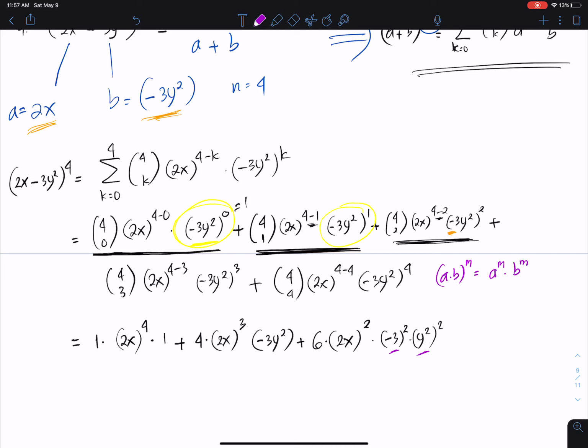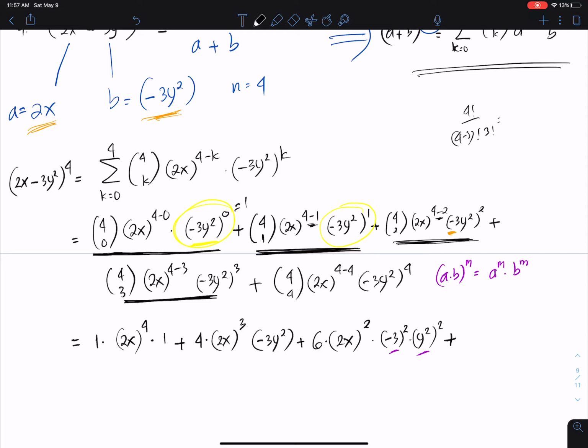Okay, so we'll continue to the next terms. Next term, plus, here the fourth term. Combination 4 choose 3, if you check, that will be 4. Yeah, see, I forgot. Combination 4 choose 3 is 4 factorial over 4 minus 3 factorial and then 3 factorial.